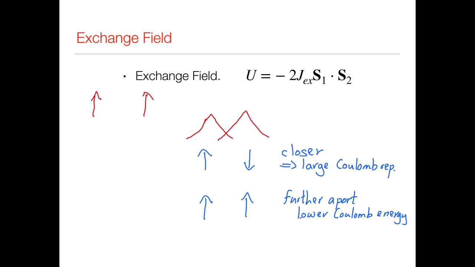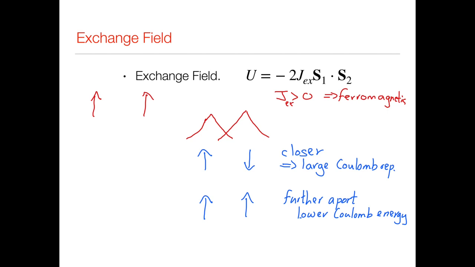Here, if my two spins are parallel to each other and J is positive, you can see that that's the low energy state. So if J is greater than 0, this implies ferromagnetism. A larger exchange J is related to the energy difference between these two configurations: the greater the drive for the material to be ferromagnetic.